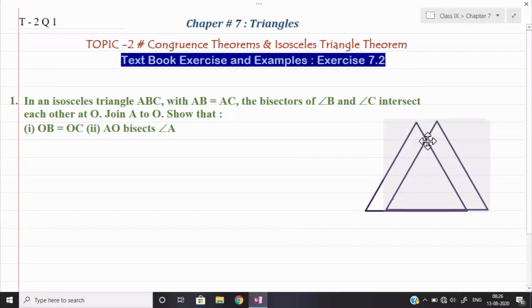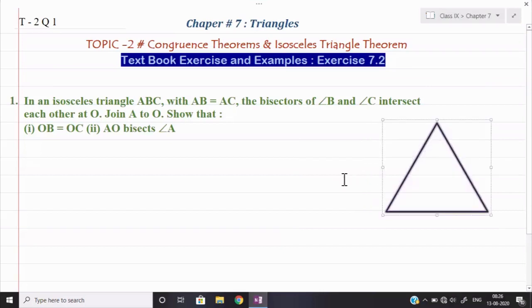So this is my triangle ABC, and in this triangle side AB and side AC are equal. Here we shall mark this point as A, this point as B, and this point as C, and AB and AC I am marking with equal marks, since their sides are equal. That is the given thing to us.